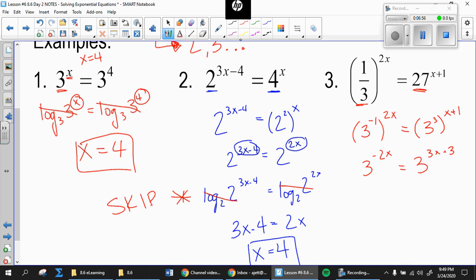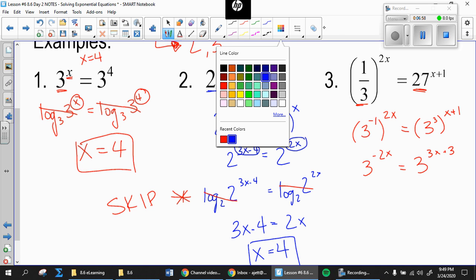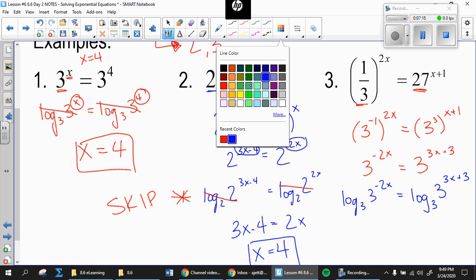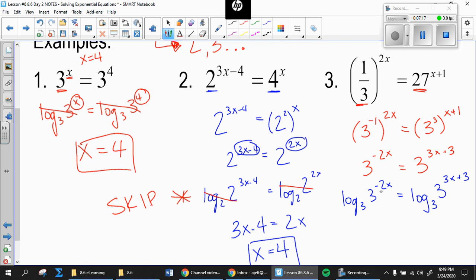And so now again, this step where we log both sides, so we're going to log base 3 of 3 to the negative 2x, log base 3 of 3 to the 3x plus 3. And so when we do that, again, it's just going to cancel everything out and leave us with just these exponents. And so it's going to leave me with negative 2x equals 3x plus 3.